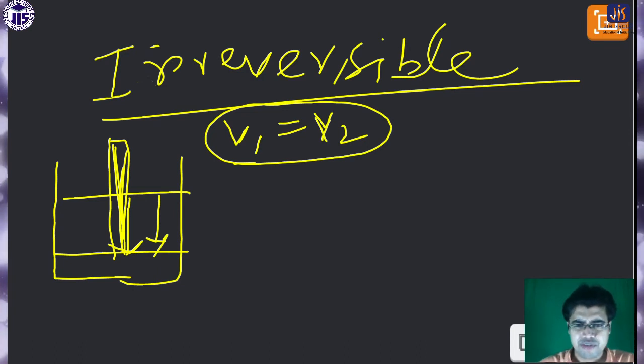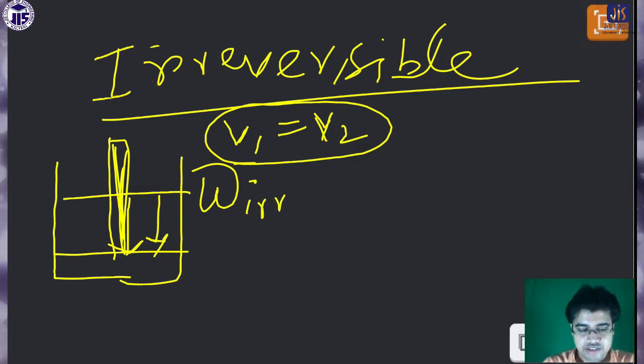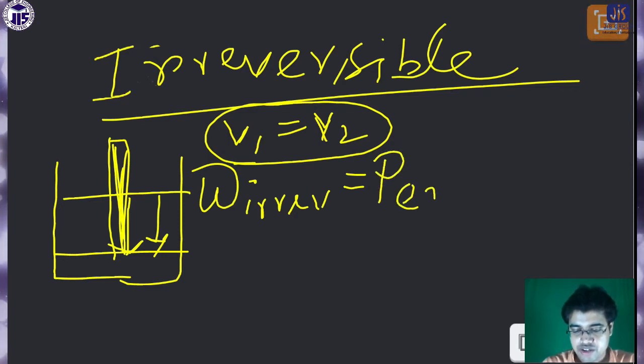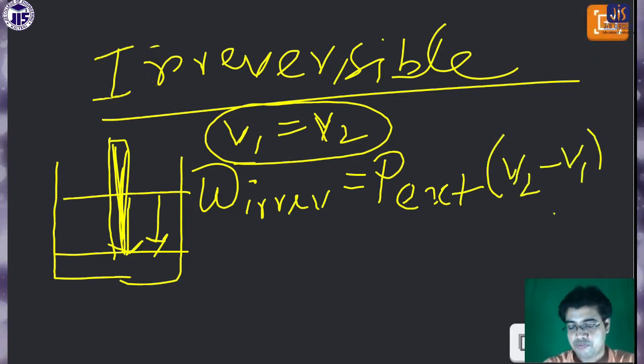So directly we can write down in this way that W irreversible equals P external pressure times V2 minus V1. So if it is V2 minus V1, then you just have to put here what will be the V2 and what will be the V1.